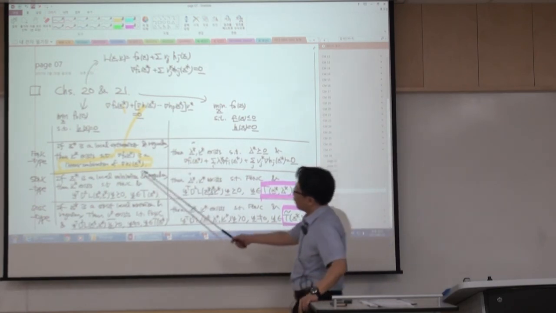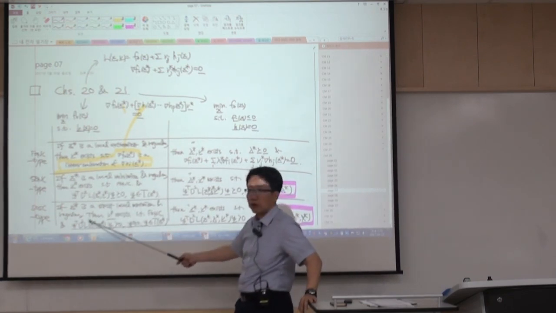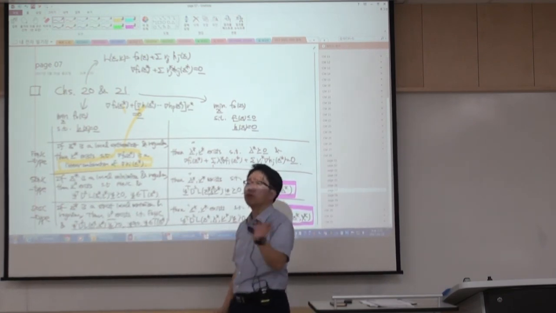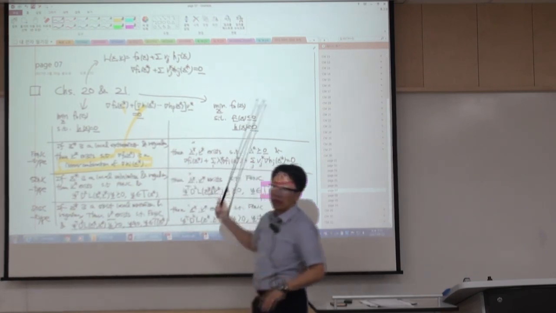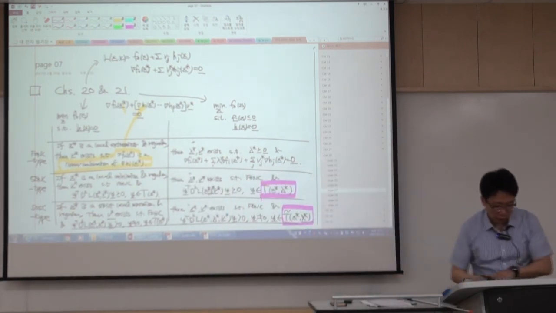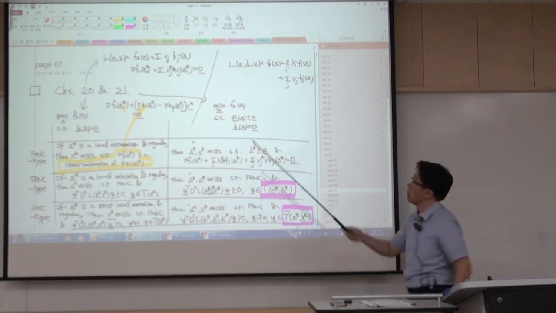Okay? And as you see, you see again the Lagrangian functions. You don't derive the dual function, but you just need to simply state the Lagrangian, here of course L is defined differently.